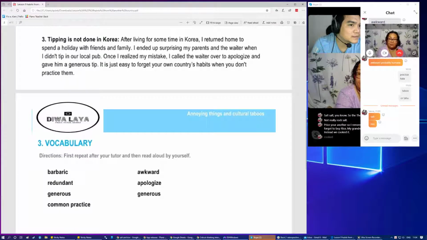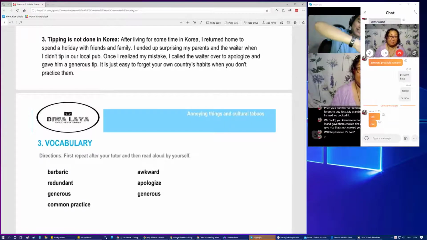Is there any reason for that? Well, they believe it's bad. It's an old tradition. That's why it's called taboo, because it's something that doesn't really have an explanation, but it's practiced in our society. We have a lot of them. So that's what we're going to talk about next time. I want you to research on those.